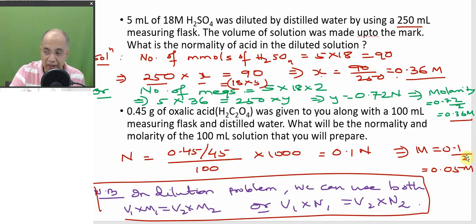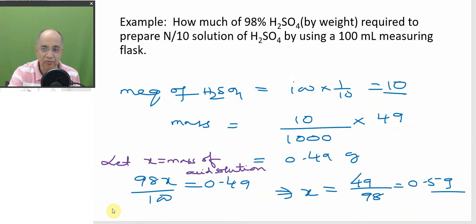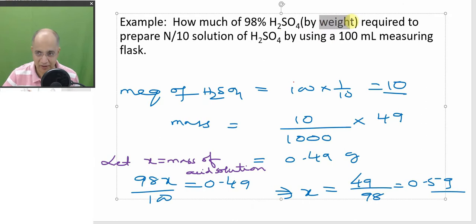So the molarity is 0.1 by 2, 0.05 M. Right? So another example where we will be using the W by W percent, mass percent. How much 98% sulfuric acid by mass? It should be by mass because we have a practice of writing by weight.